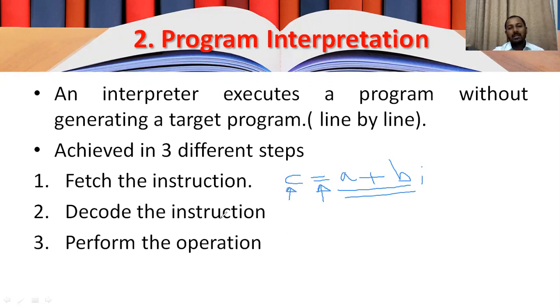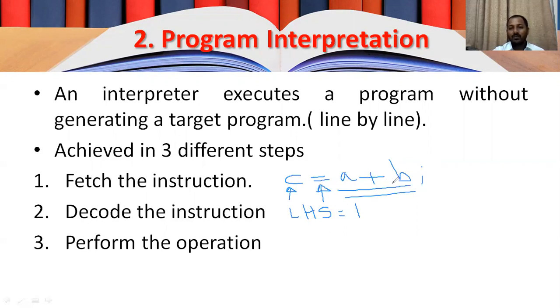After fetching the instruction, the decoding step will make sure that at the LHS there is only one symbol, because A plus B equal to C will not work in C language or in programming language.